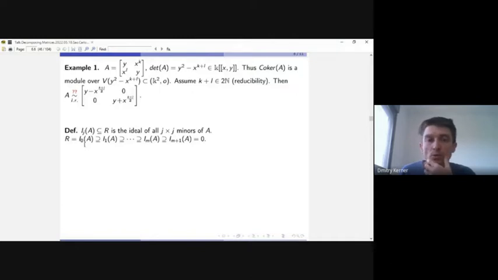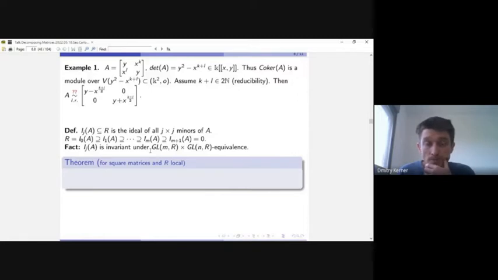When we speak about 0 by 0 minors, then this is just the whole ring. And then the ideals decrease and decrease, and this is the ideal of maximal minors. And then we reach just 0, because there are no minors of size m plus 1. And all these ideals are invariant under left and right equivalence.